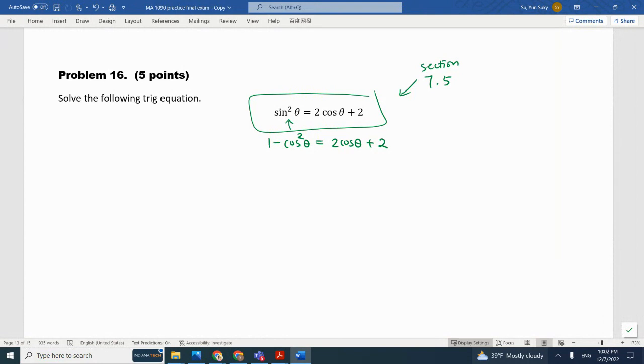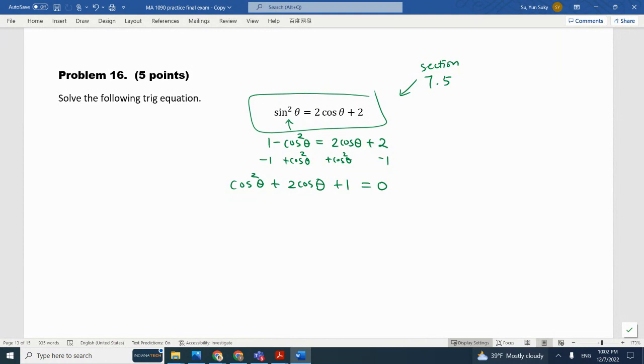Okay, so in this case, let's move all the terms to the right hand side. Which means we subtract 1 on both sides. We add cosine squared on both sides. Then we get cosine squared plus 2 cosine theta, and then minus 2 plus 1 is 1. So we get a quadratic equation.